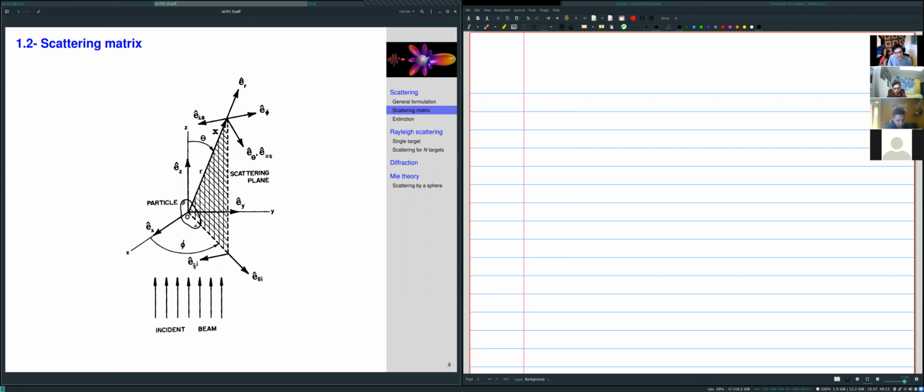This is the parallel, and this is the perpendicular one. This other one is evaluated in the direction theta. So at this point R, if we evaluate the fields here, then we have these basis vectors.